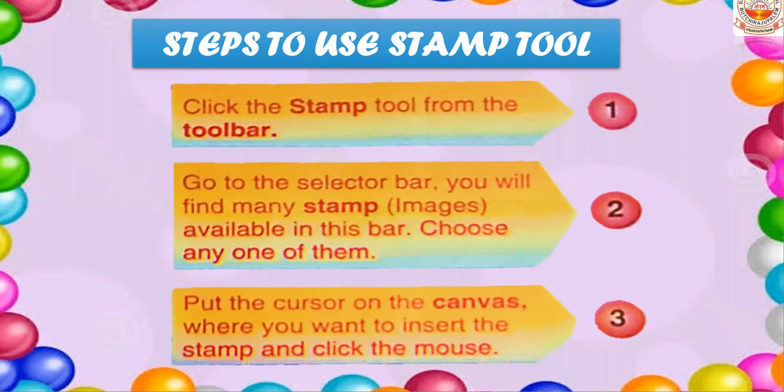Then go to the selector bar. You will find many stamps or images available in the bar. Then you have to choose any one of them. Afterwards, you have to put the cursor on the canvas where you want to insert the stamp and click the mouse.